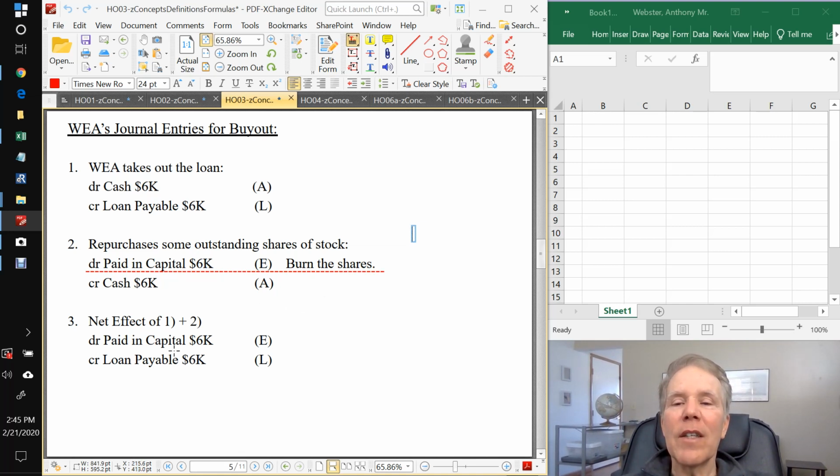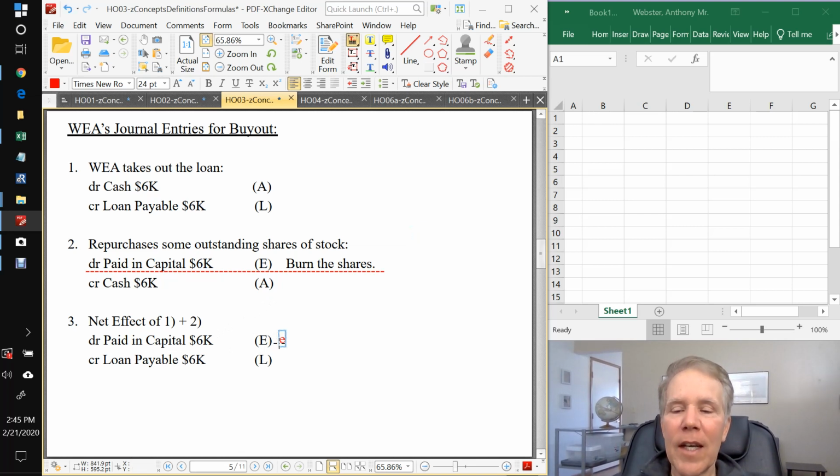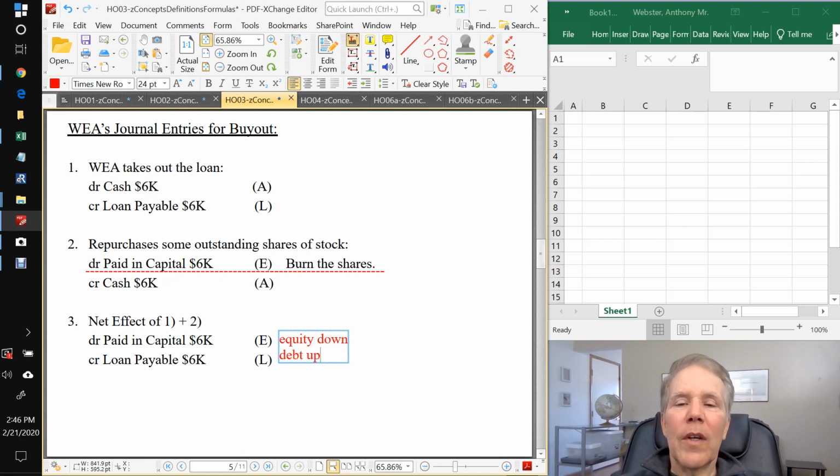So the net effect here is that the equity goes down and the debt goes up. So that's a debt for equity swap, this time financed as a leveraged buyout.